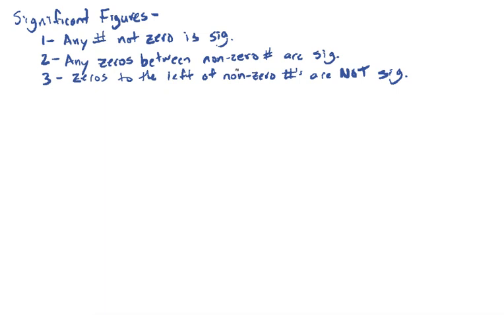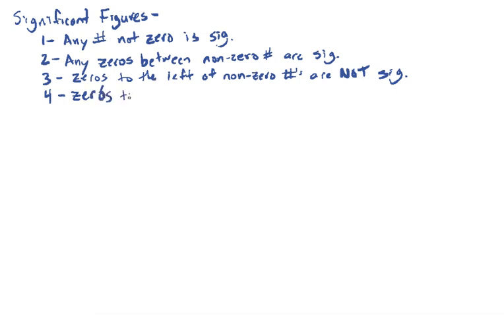Our third rule, or fourth rule, is that zeros to the right of a decimal and preceded by non-zero digits are significant. And we'll go back in a minute and do some examples of each of these.